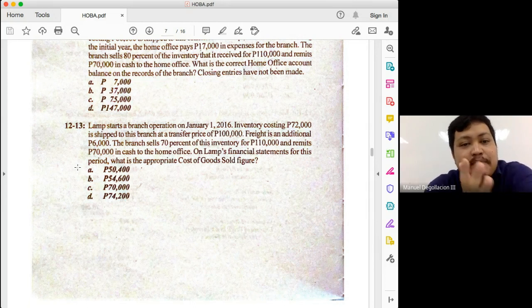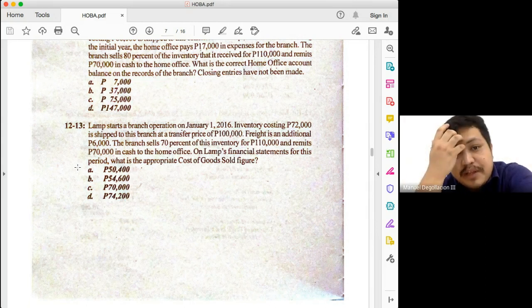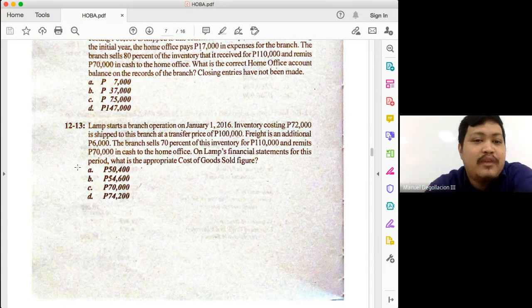Okay, but class, the problem already tells us that we were able to sell 70%. So we already know the portion or the percentage that will go to our cost of goods sold. Okay, so how much was the true cost of the goods that were given by the home office to the branch? 72,000. Okay, and we were able to sell 70%, correct? Okay, and just to simplify our solution, we will just add directly the freight in of 6,000.